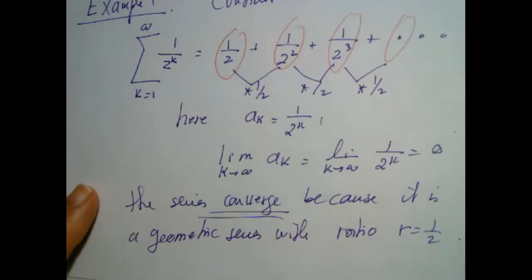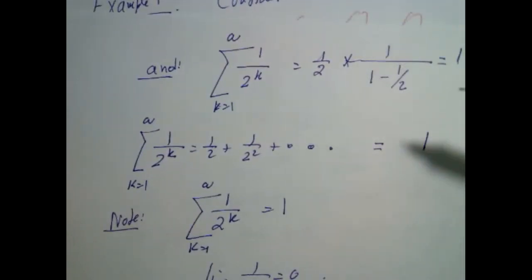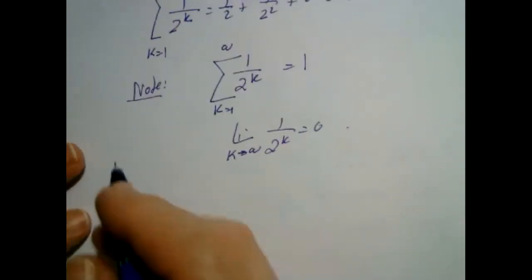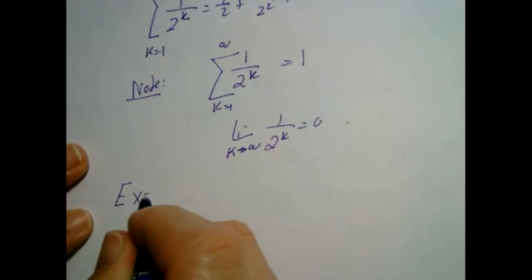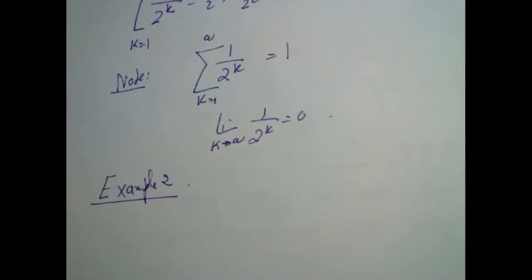That's a series, the only series we understand, where the terms go to 0 and it converges. Now, example 2. It's going to be numerical because I don't have the tool yet to show it algebraically.